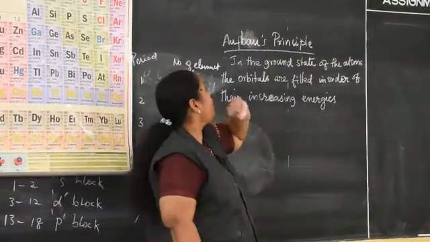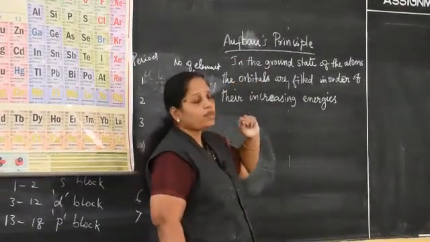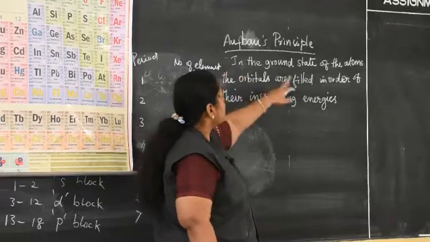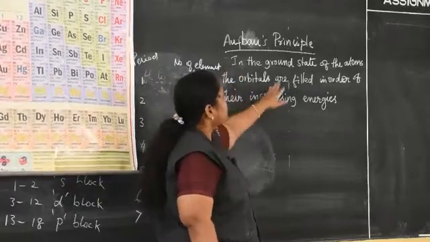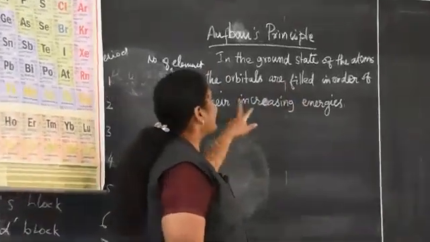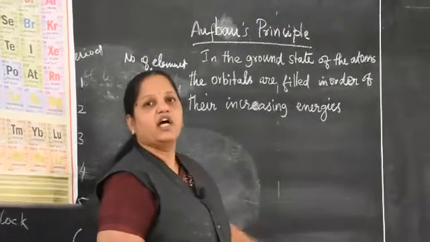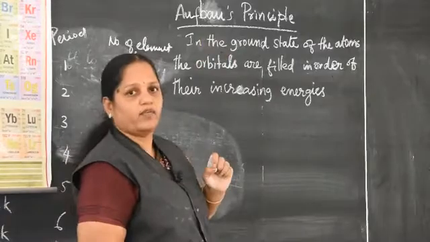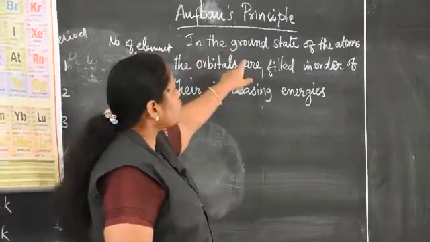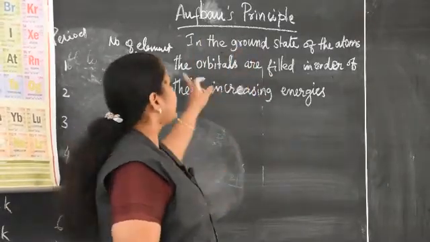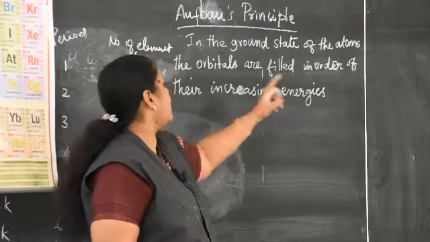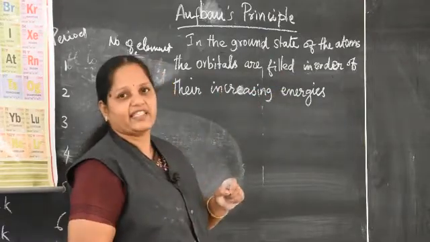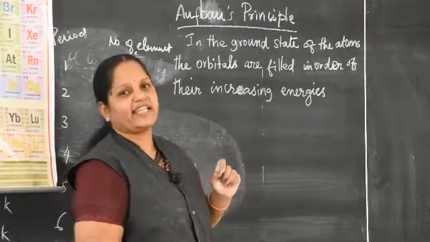What is the meaning of the Aufbau principle? In the ground state of an atom, the orbitals are filled in the order of their increasing energies. Two-mark question: state the Aufbau principle. The basic one: in the ground state of atoms, the orbitals are filled in order of their increasing energies. What is the increasing energy?